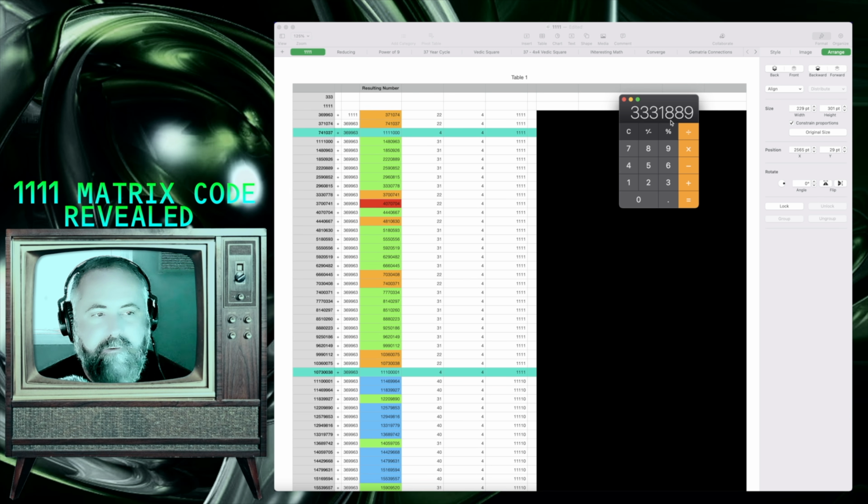And we get this number, 3331889. Okay, look at the last four numbers, 1889, and we have 333 remaining. So 1889 plus 333 gives us 2222.